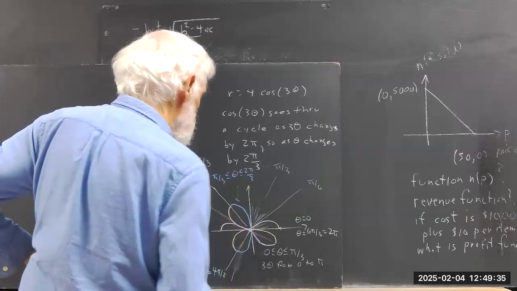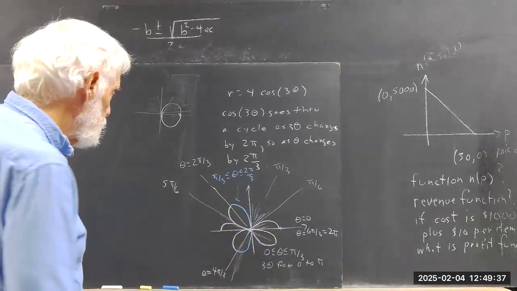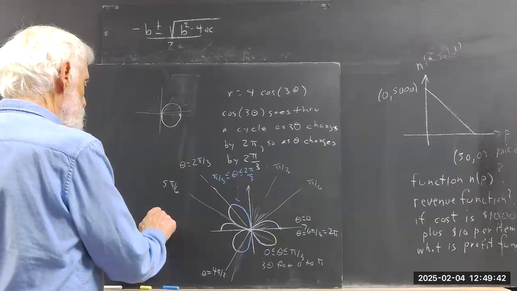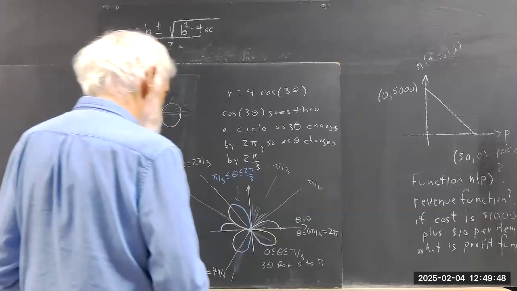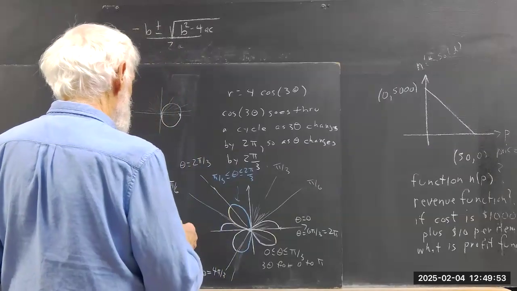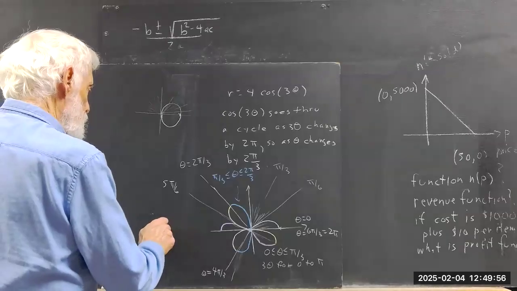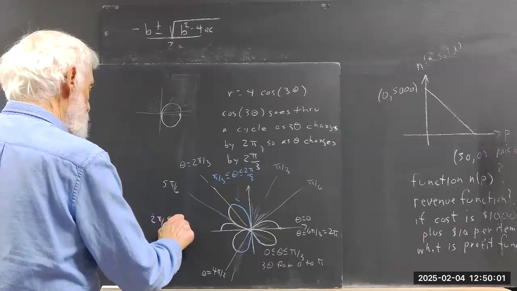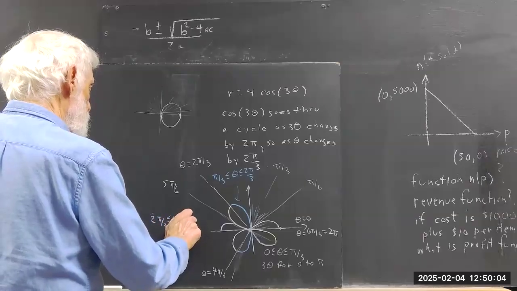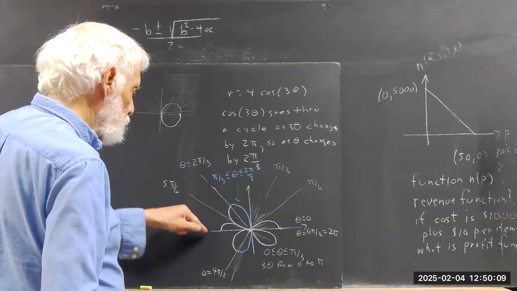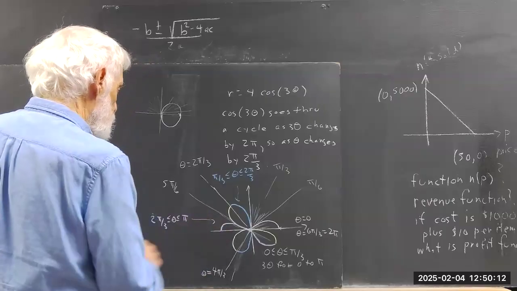I'm just convincing myself here that we've got this section of the curve that corresponds to 2 pi/3 to pi, you get the purple section of the curve.